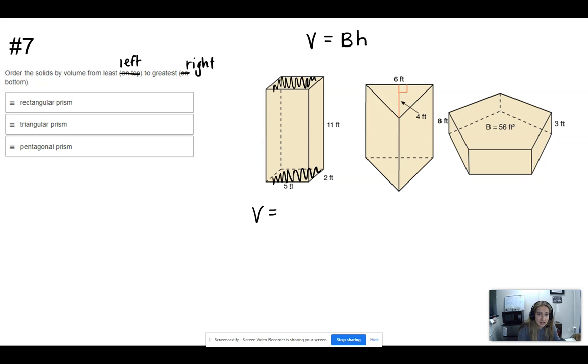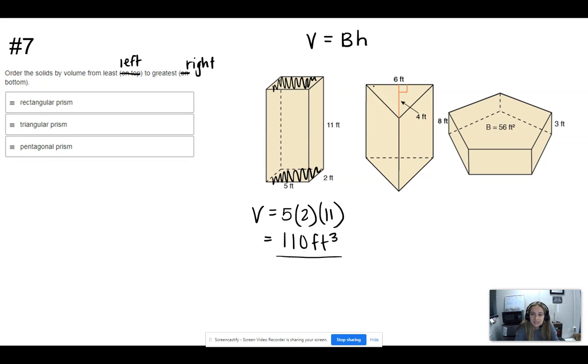I'm going to go 5 times 2, that gives me the area of the base, and then multiply it by the height, which is 11. Multiplying all 3 numbers together gives me 110. Remember, the units for volume are always cubed. So this one is 110 feet cubed.